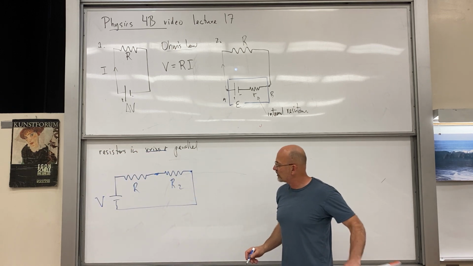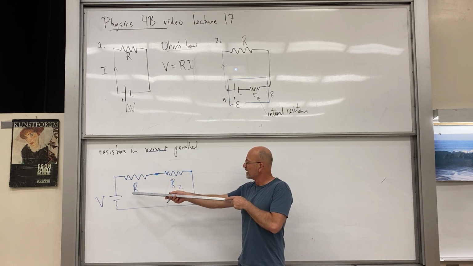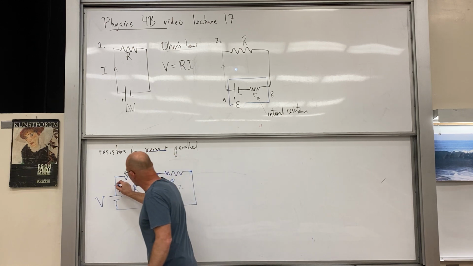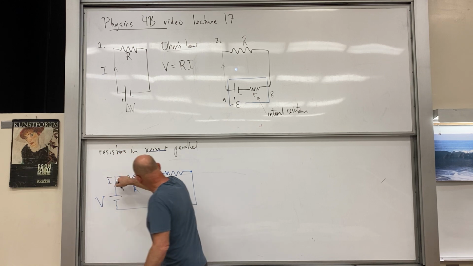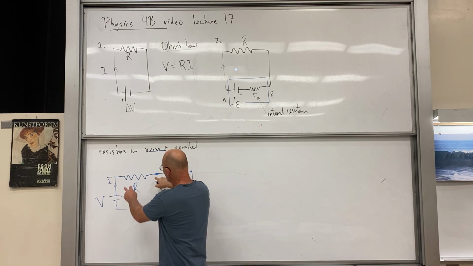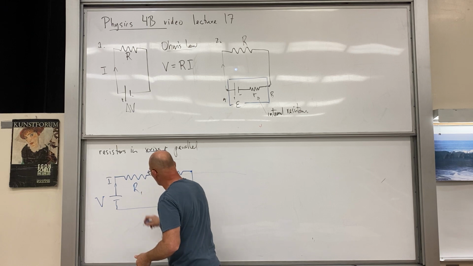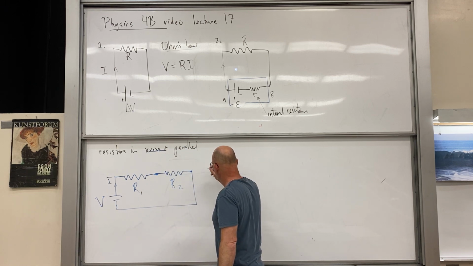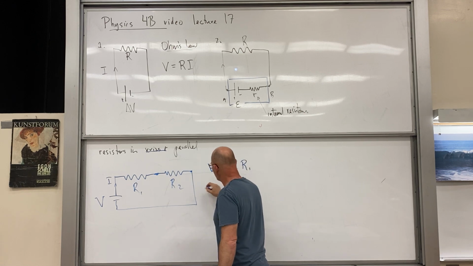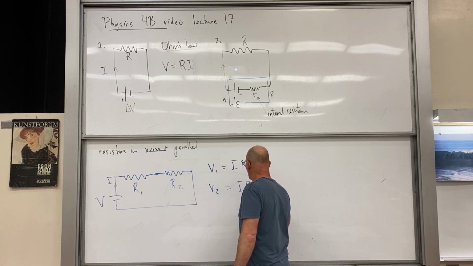Now, we actually did this the other day, but let's be explicit about it. If we have a current flowing through here, conservation of charge is telling us that the current is the same throughout the entire circuit, okay? Therefore, going through resistor number 1, we have V1 is equal to I R1, and the same for resistor number 2, V2 is equal to I R2.